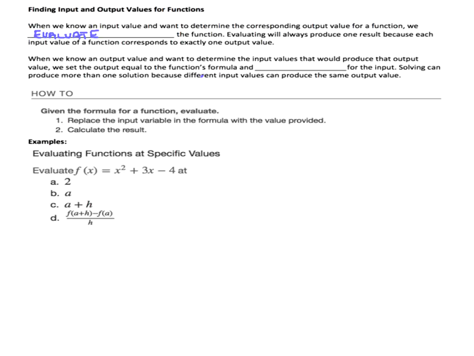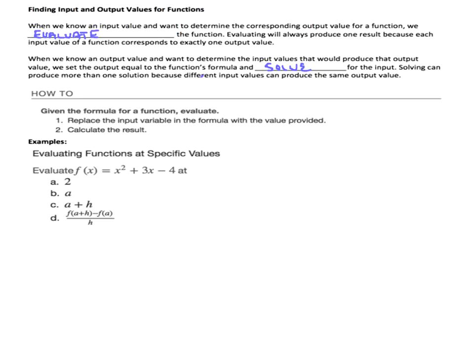So it's called evaluating when you plug a value in and get a corresponding value out. Evaluating will always produce one result because each input value of a function corresponds to exactly one output value. So they're driving that point home, obviously. When we know an output value and want to determine an input value that would produce that output value, we set the output equal to the function's formula and solve.